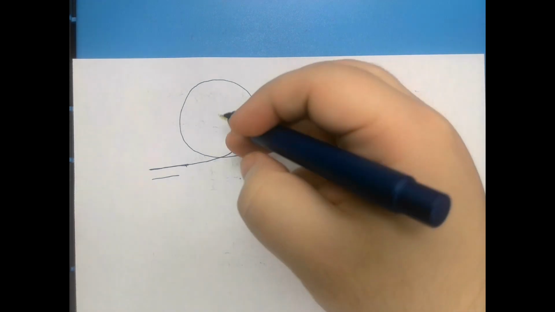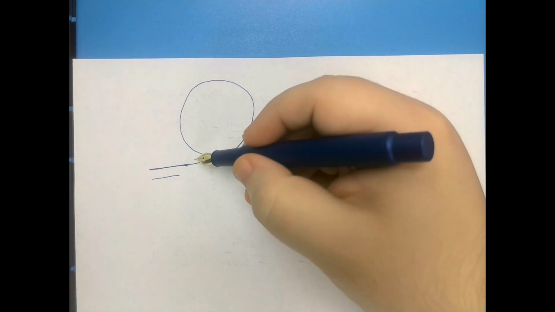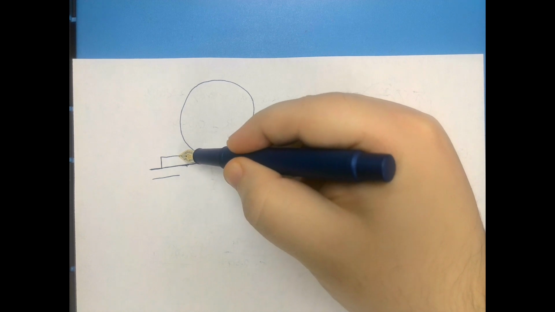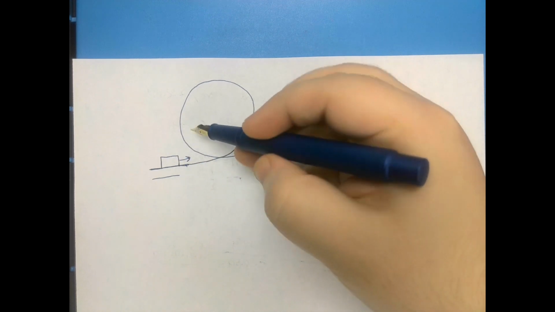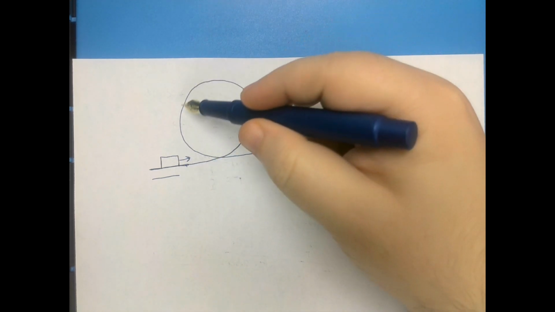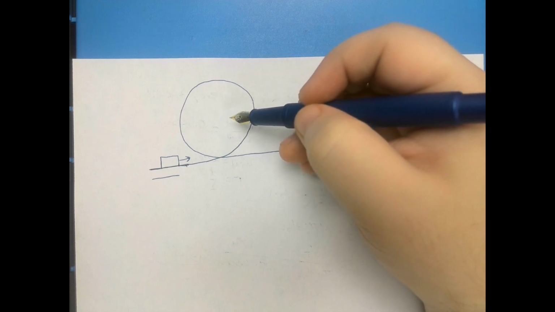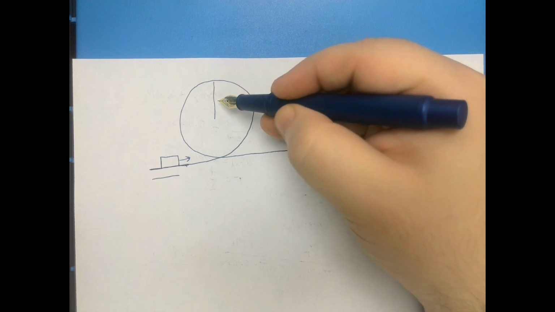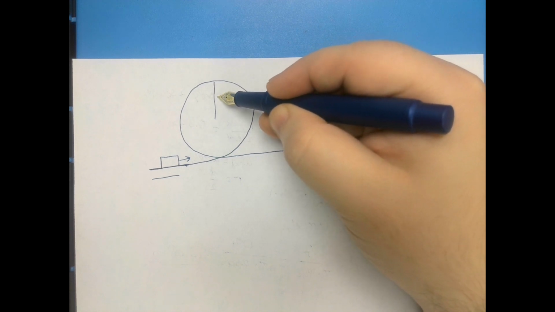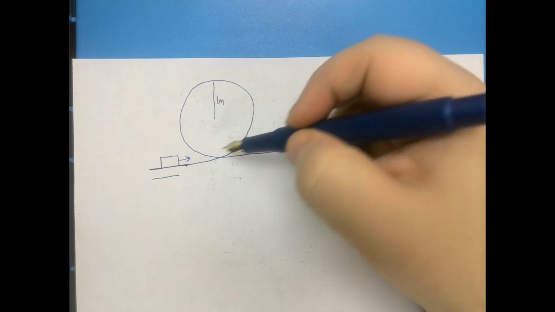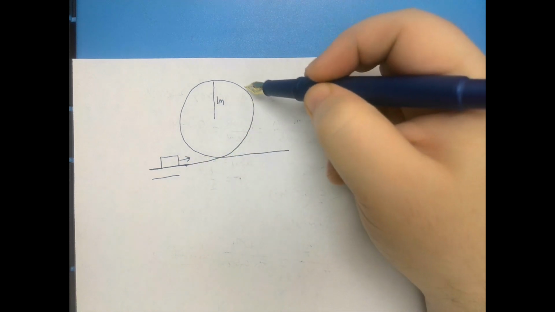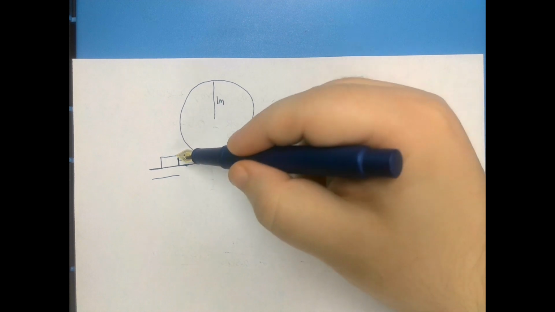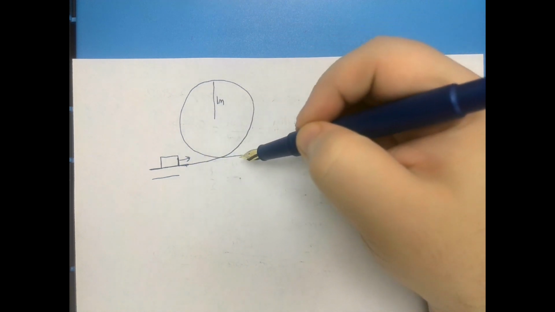So how fast do we have to have a car go in order for it to go around this loop? And let's make this loop big. Let's make it 1 meter. So how fast does this car need to go in order to go around a circle?